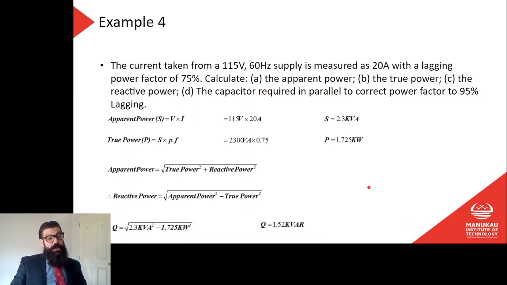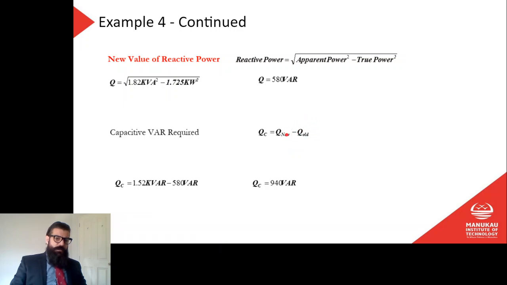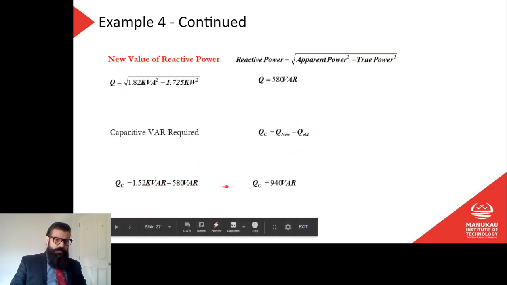We worked out our reactive power. Our current reactive power is the Q at the bottom, 1.52 kVAR. So that's this. Wait, something's the wrong way around. It should be that 580 VAR.